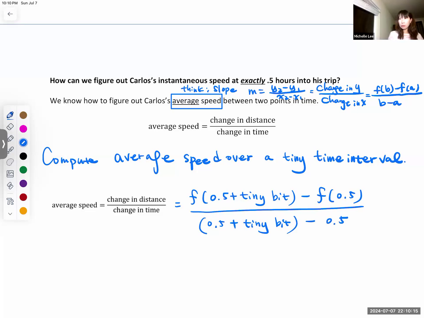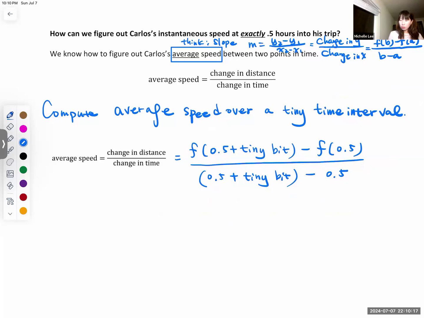Okay, so we knew this is miles per hour, right?